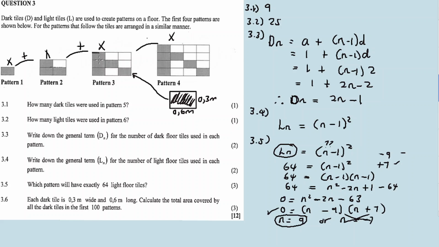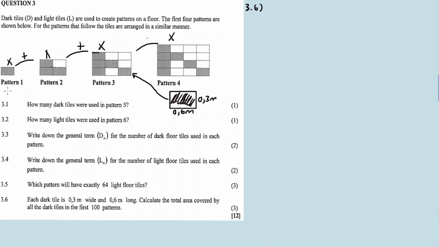Okay, but first I think I should erase this so that we can answer the last question, 3.6. Alright, now 3.6. Anyway, let us continue. So look, the idea here is to calculate the area covered by the dark squares, the dark tiles.